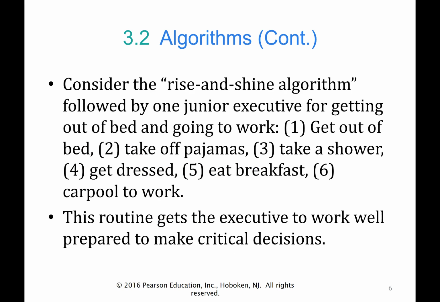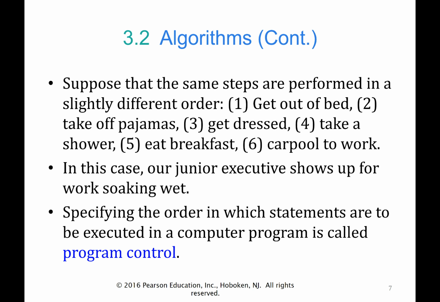And of course, we talked about the rise and shine algorithm: if this gets out of order, our executive takes his shower after he puts his clothes on, and as a result, he shows up to work soaking wet. The order in which we follow our procedures is very important. Doing something out of order is not always good.